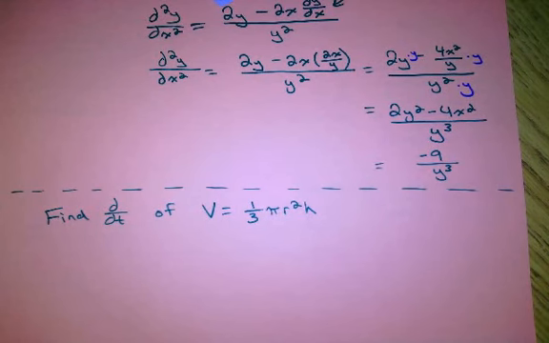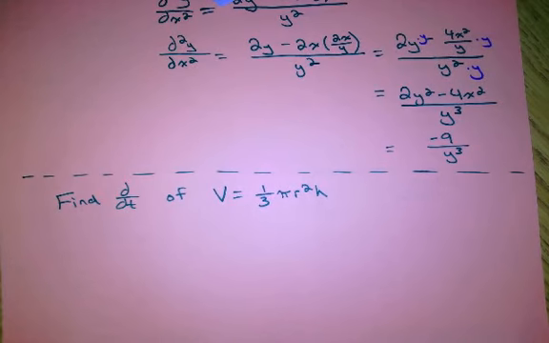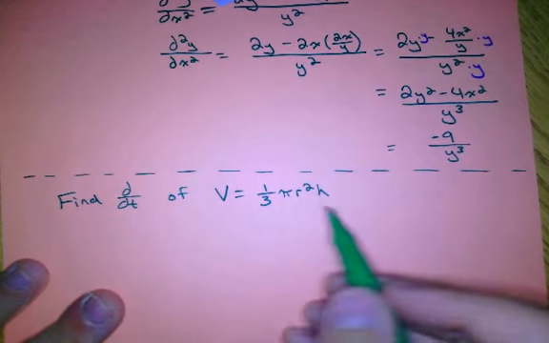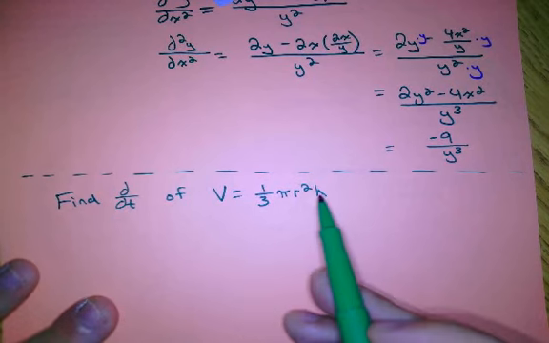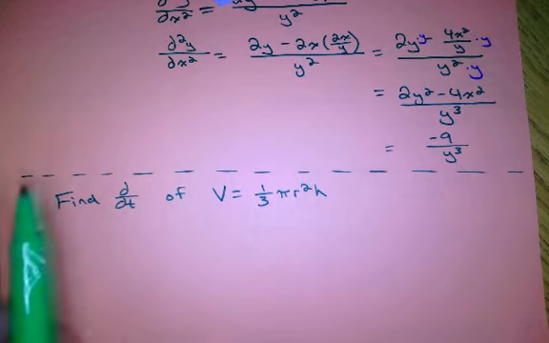Finding the derivative with respect to t, that means time, of this. What shape is this? It's a cone. This is the volume of a cone. So we're going to find what the rate of change of the volume of a cone is.